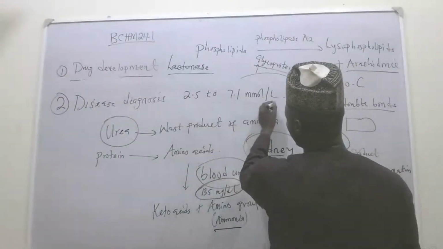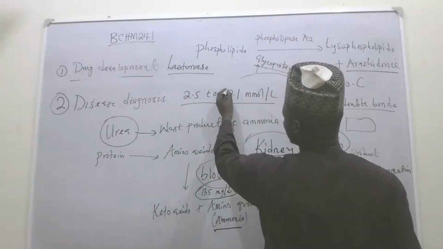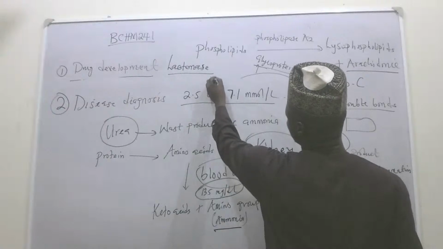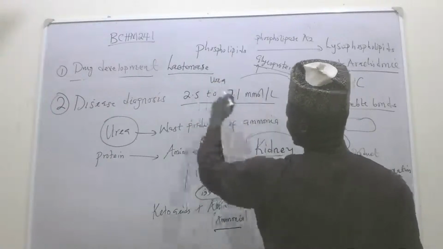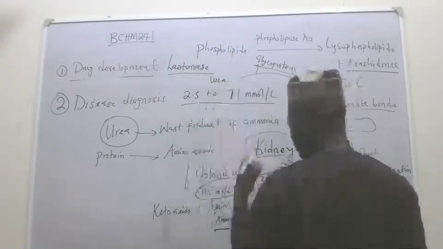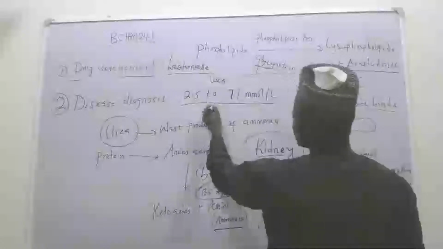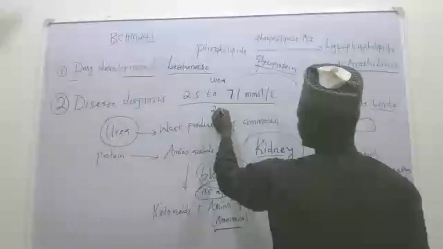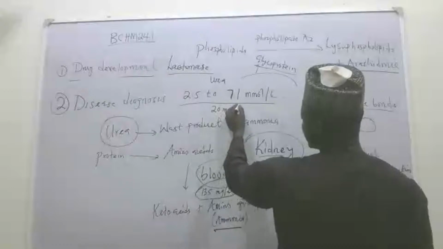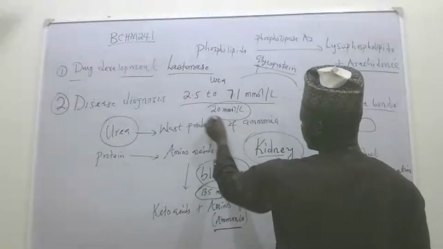This is how urea is supposed to be in the blood. So let's say you take a blood sample and you observe that the urea is 20 millimoles per liter. So where do you think the problem is?